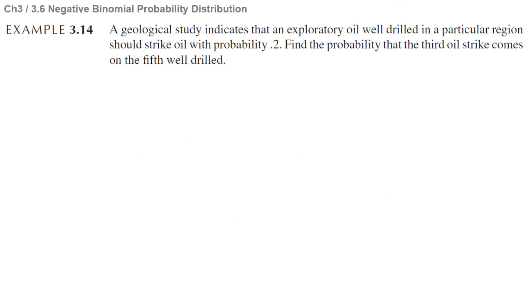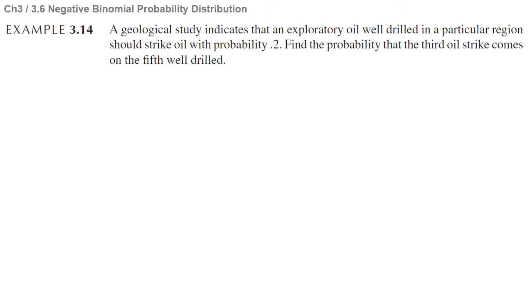Let's look at example 3.14. A geological study indicates that an exploratory oil well drilled in a particular region should strike oil with probability 0.2. So the probability of finding oil would be 0.2 for each oil well drilled, and find the probability that the third oil strike comes on the fifth well drilled.